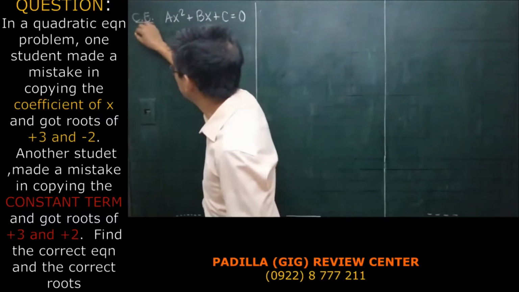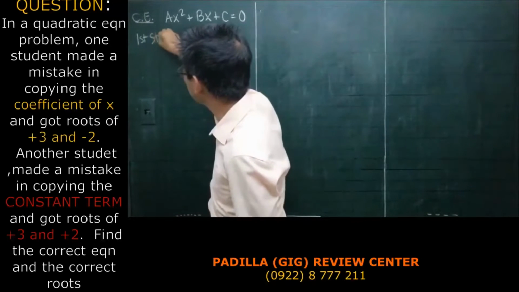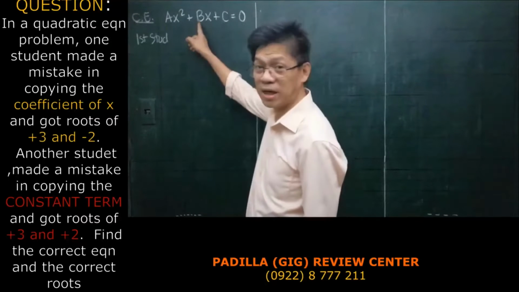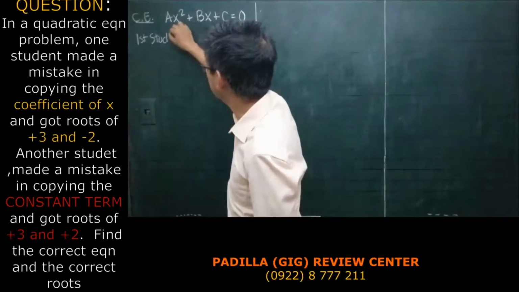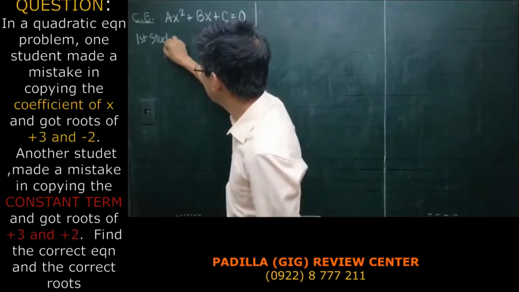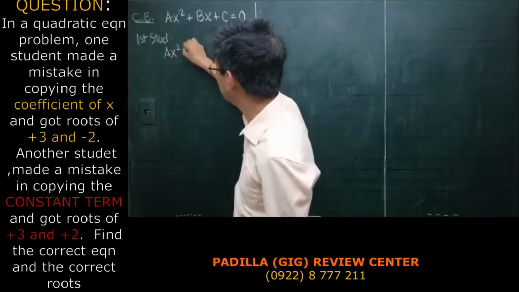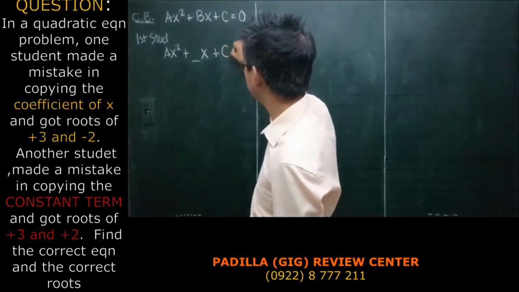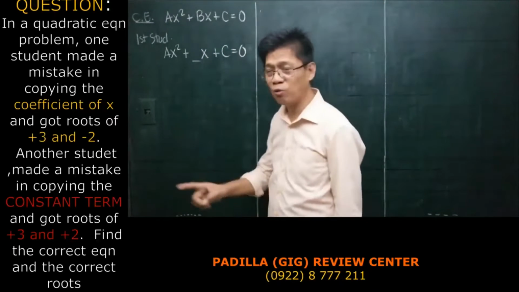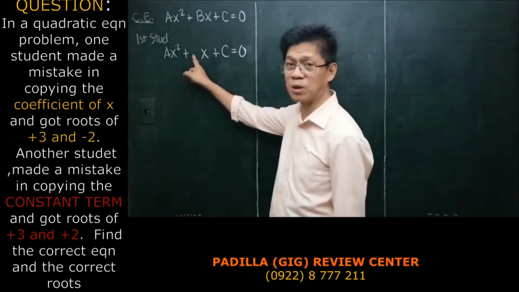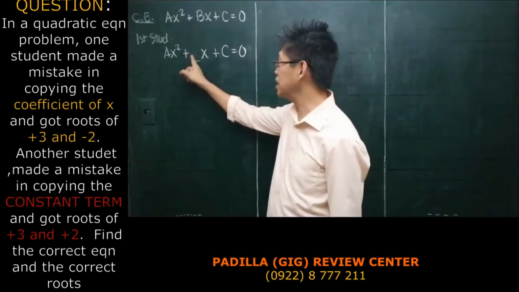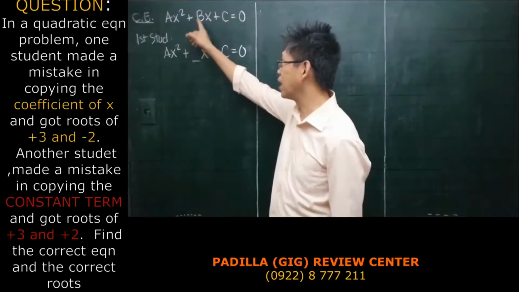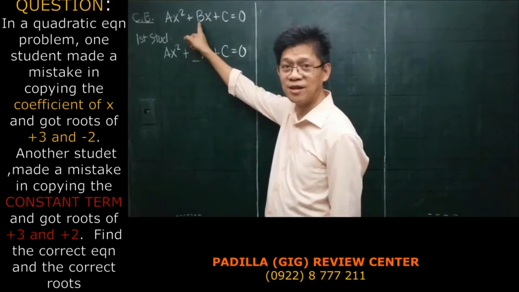Now, our first student made a mistake in copying the coefficient of x, that is B. So, meaning his equation was ax squared plus bx plus c equals 0. We do not know what number he used for B, but what we are sure of is this number is different from that of the correct equation.